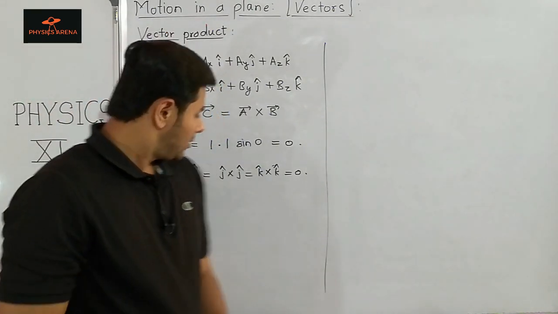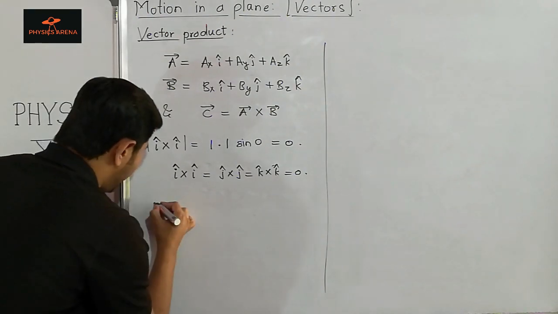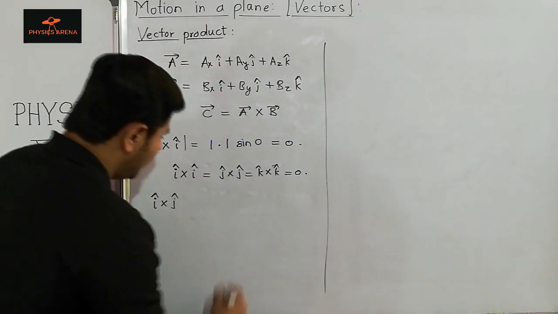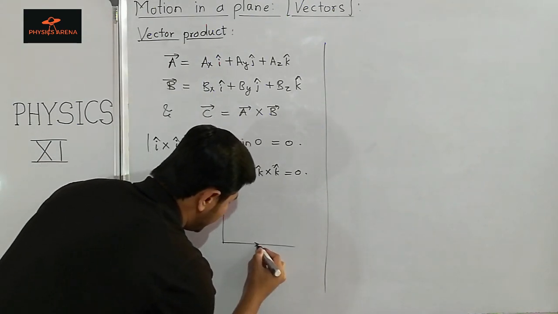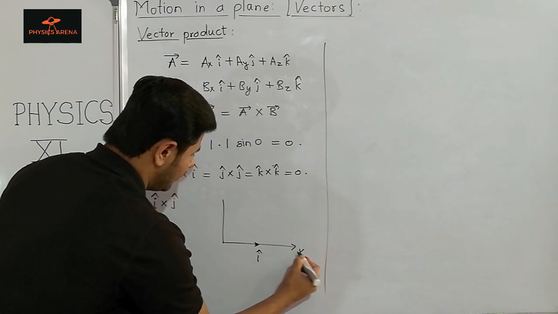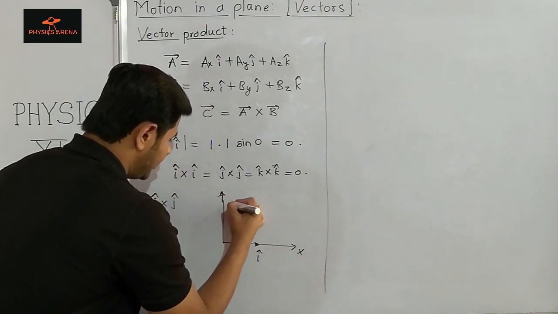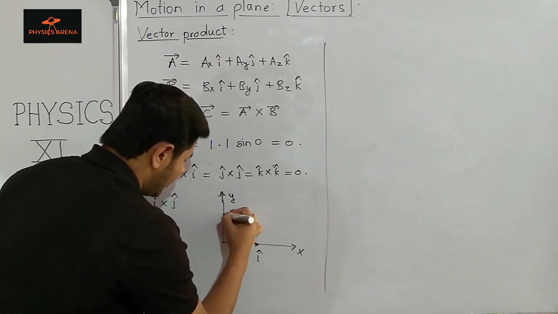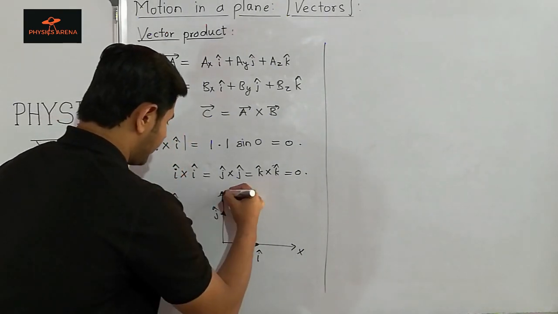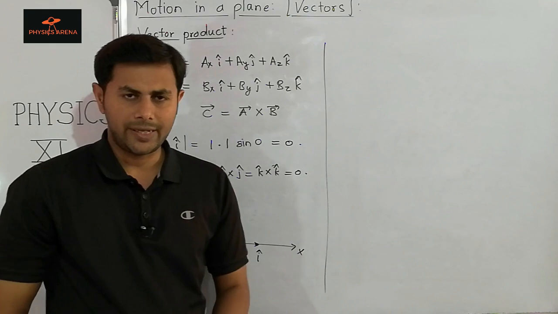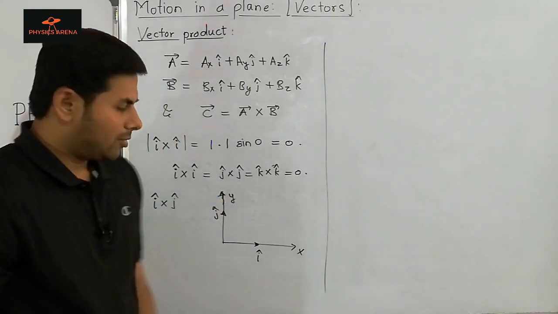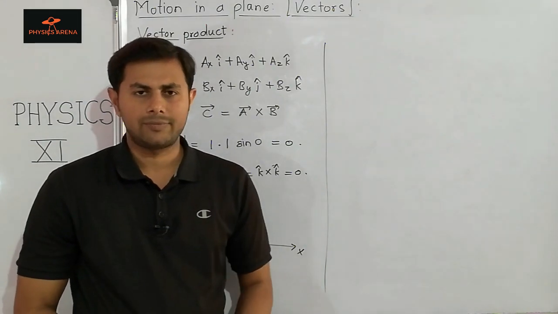Then what is I cross J? So we know I is unit vector along x-axis, so this is I cap, and J is unit vector along the y-axis, so this is J cap. What will be I cross J?